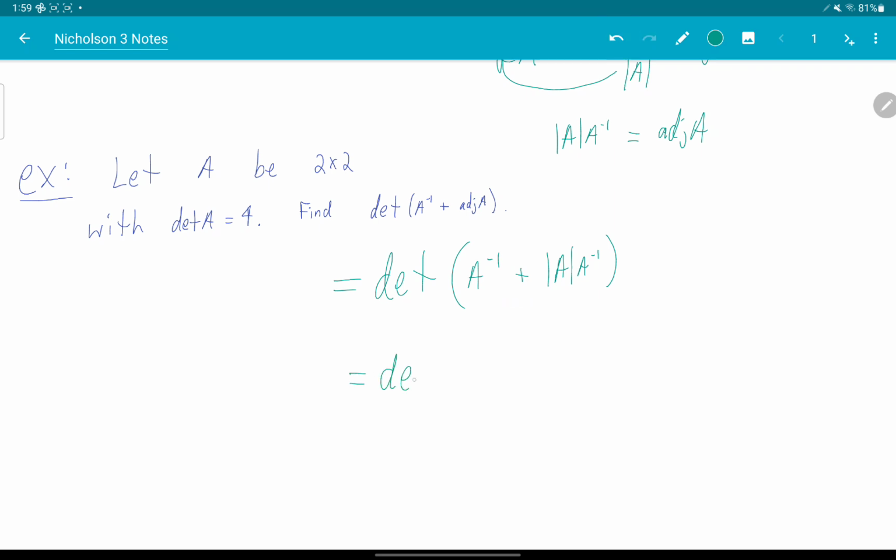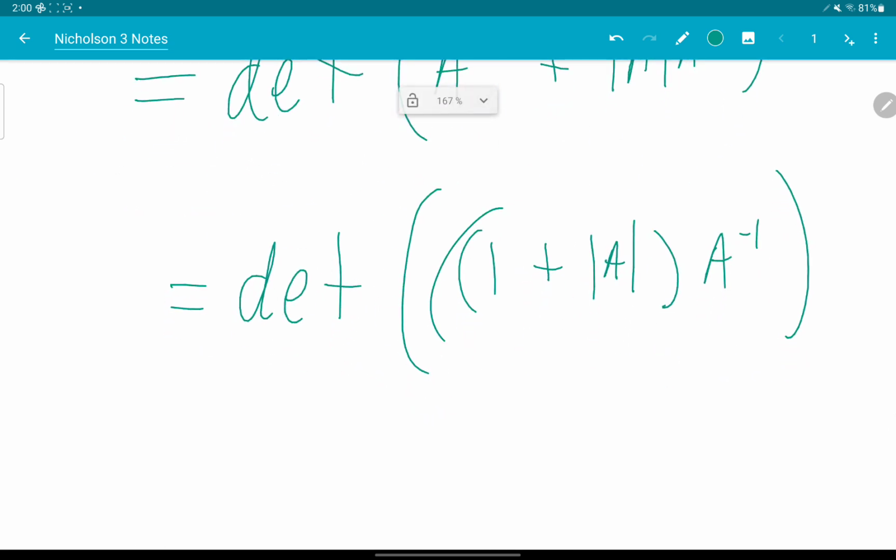So I can certainly factor out the A inverse. So A inverse, I factored off the right, and what's left, I get 1 plus determinant of A. You may think this should be an identity here, but no, this is a real number here. Okay, the determinant is a real number, so it makes sense for me to have the real number 1 there, not the matrix I.